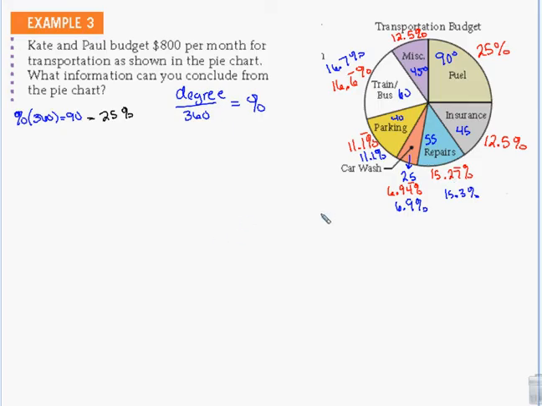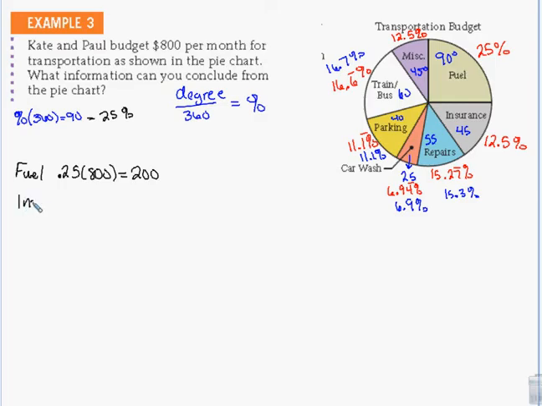Then I can figure out their transportation budget. Fuel is 25%, so I take 25 times 800, which should be, whoa. If you don't put the decimal in, you get totally the wrong answer. $200.